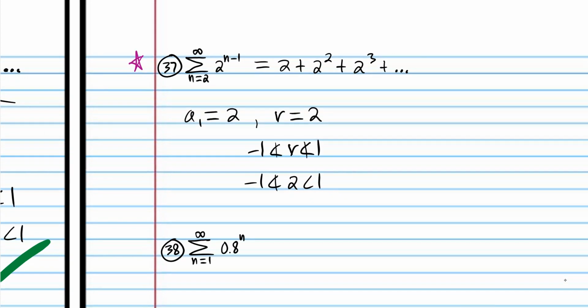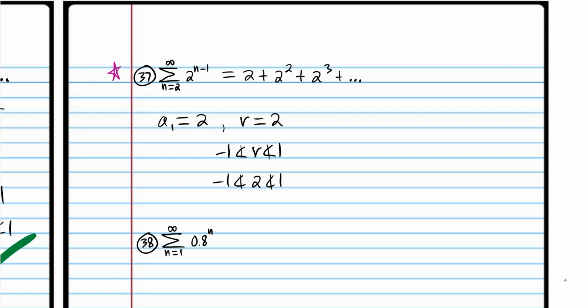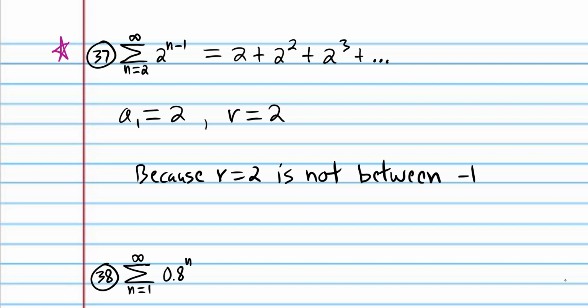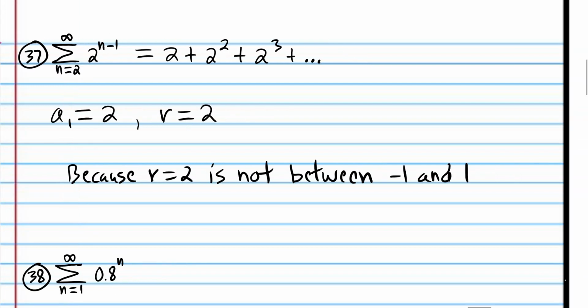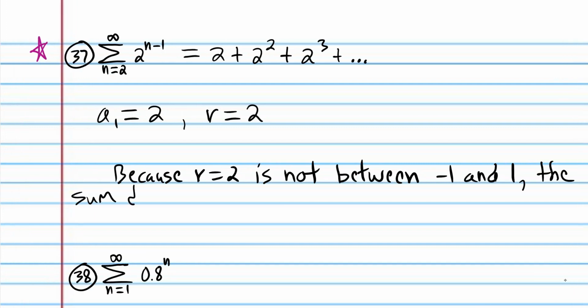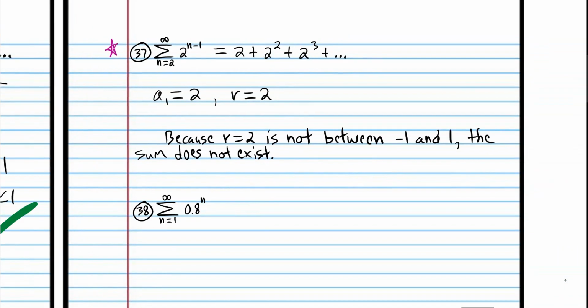So we can write that those inequalities are not true, or we can just say because r equals 2 is not between -1 and 1, the sum does not exist. And that is our answer.